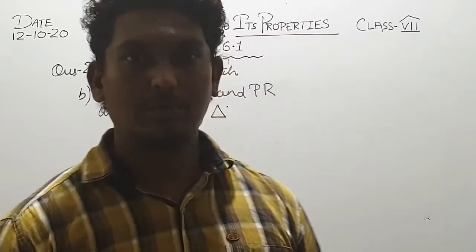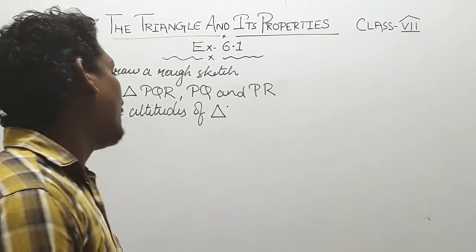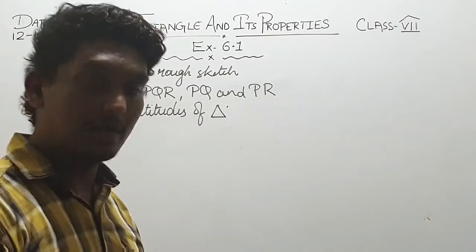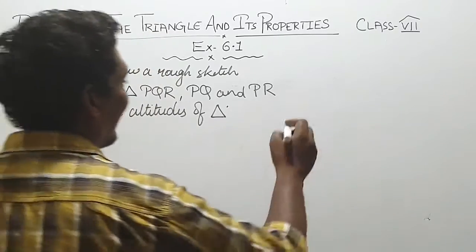Come to question number 2, B part. Draw a rough sketch here. We have to draw a triangle PQR, in which PQ and PR are the altitudes of the triangle. So we have to draw an altitude here. We just go for a right angle triangle.